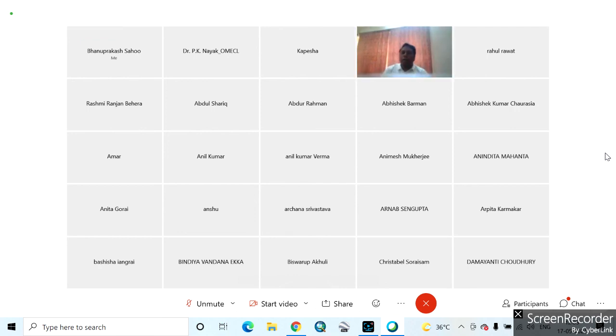One question is from Suman Dev Burman: in the Chotanagpur Plateau fringe region, which type of sandstone will form? Sir, if you fix the condition at the fringe of the Chotanagpur Plateau, there will be a combination of feldspar and quartz grains.